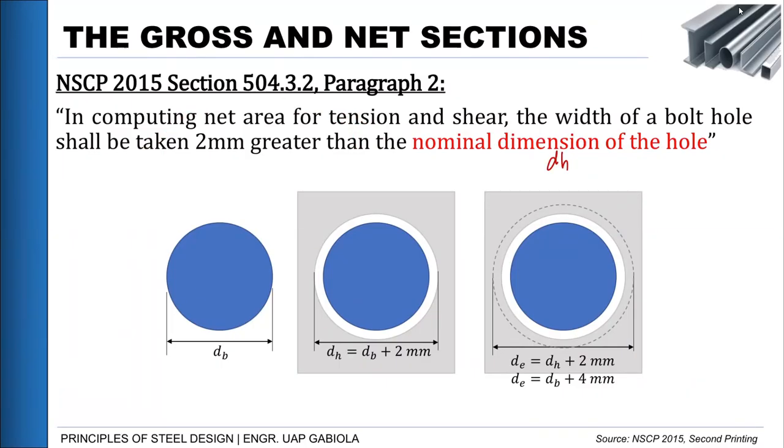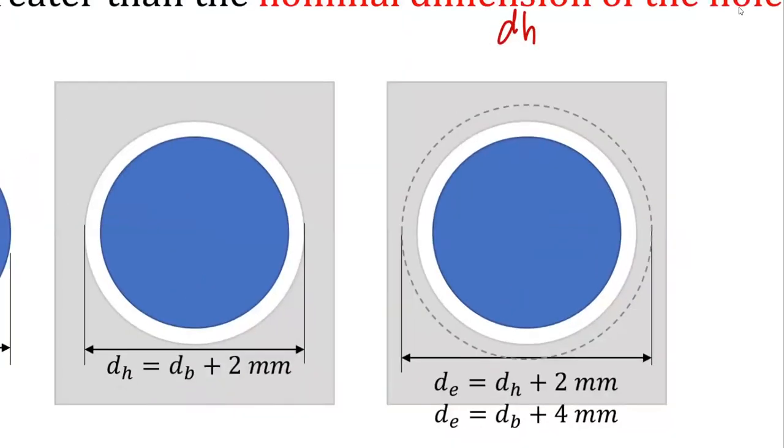Kasi di ba kapag halimbawa pinunch na natin yung plate, okay? Nag-punch tayo ng plate, may butas na siya. Since pinersa natin yung pagbutas dyan, syempre kailangan ng pwersa. Makikita na portions of the plate are cracking dahil dun sa force na ginamit pag punch sa kanya. Okay?